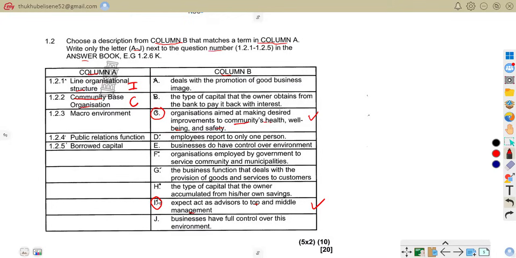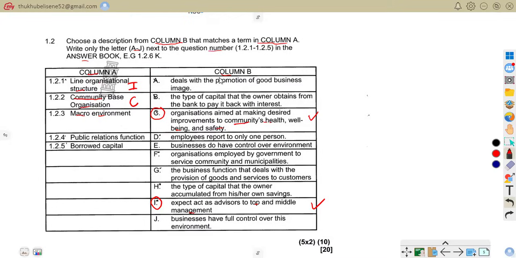Now we come to macro environment, 1.23. Macro environment, you know, is external factors affecting business. You can talk of economy, politics, technology. Those are external factors that do affect our business.